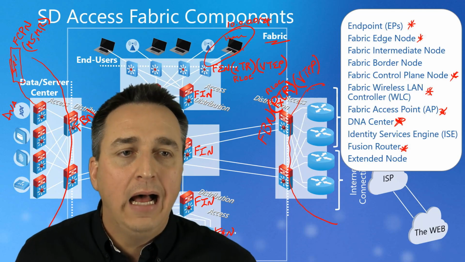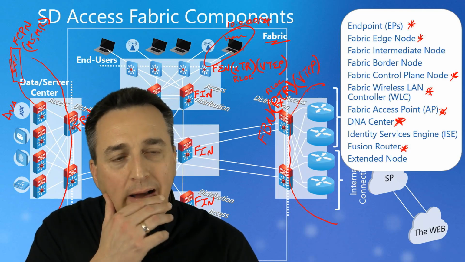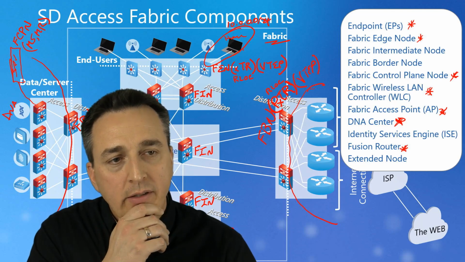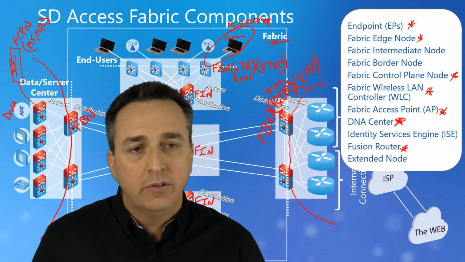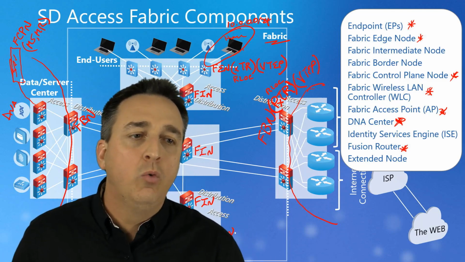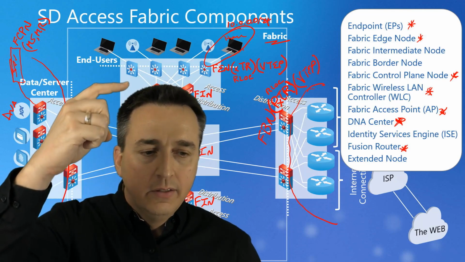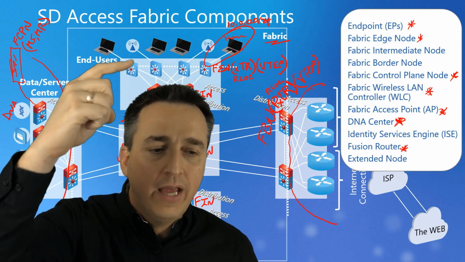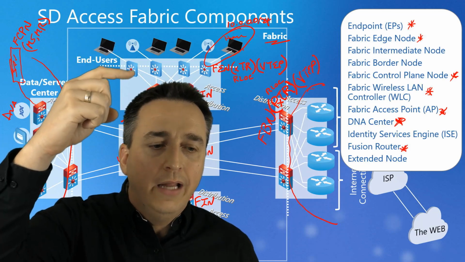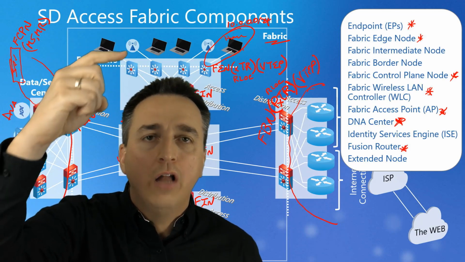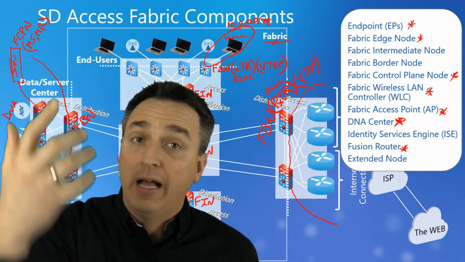And then lastly, we have what is called an extended node. So what is an extended node? It is possible in some scenarios, you are going to want to extend your fabric beyond, let's say, this device and connect a non-fabric device to it and have other devices connected to it.